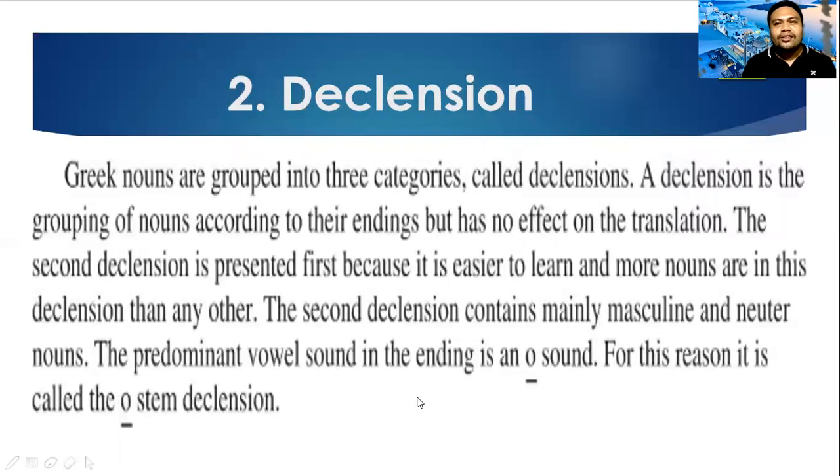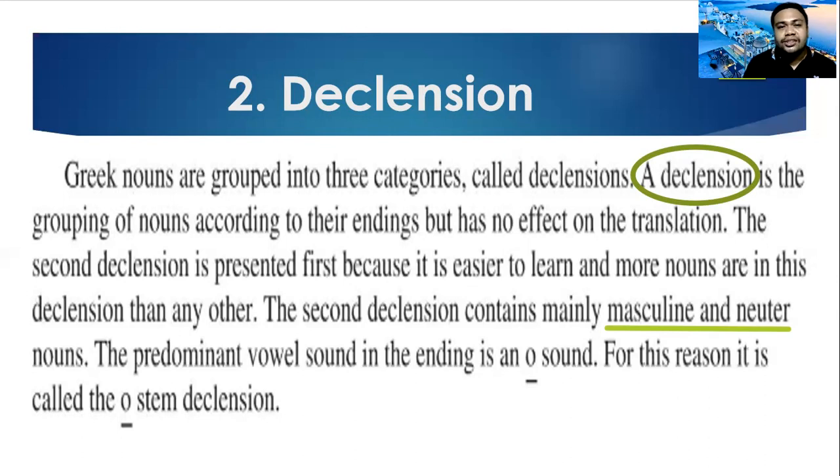So let's proceed to the declension. Nouns are grouped into three categories called declensions. A declension is a group of nouns according to their endings, but it has no effect on the translation. The second declension is presented first because it is easier to learn and more nouns are in this declension than any other.